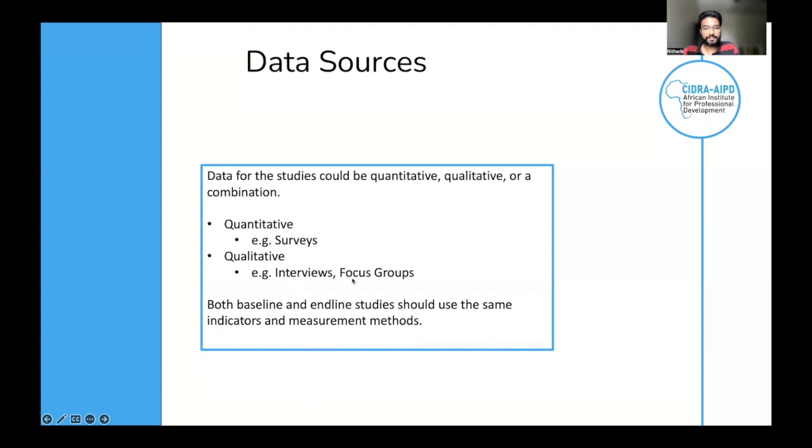Qualitative interviews, focus groups, or user studies are qualitative studies. The best insights are got when you combine both of these. So you have quantitative data of how people are using your website, let's say, but you also have user studies. You also observe the people using your website in real time and the problems that they're facing while they do it.